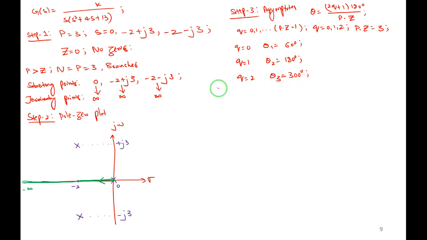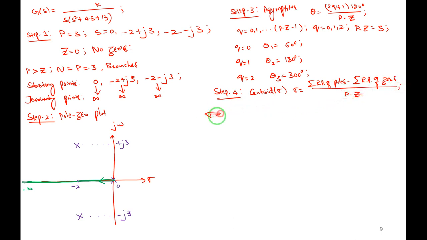Next, step 4, centroid. So the formula is sigma equal to the sum of real part of poles minus the sum of real part of zeros, divided by p minus z. Only the real part I have to take.